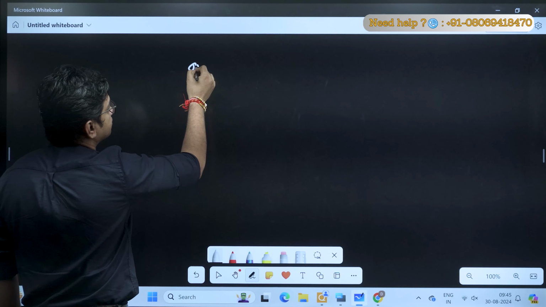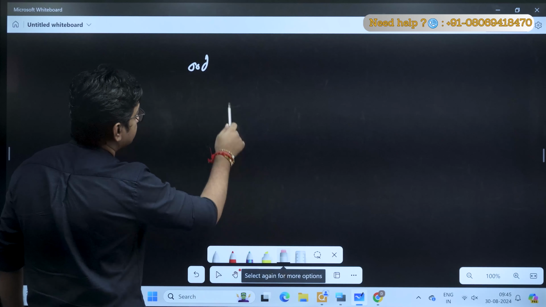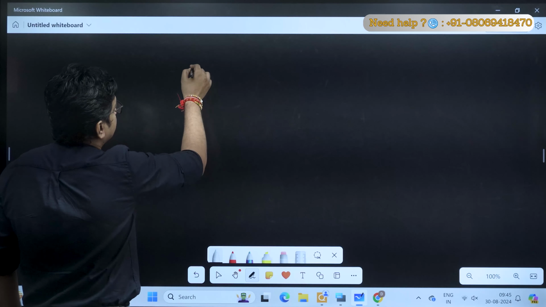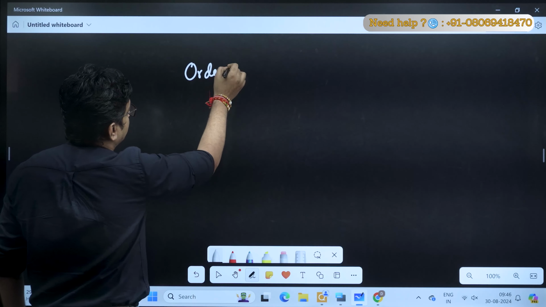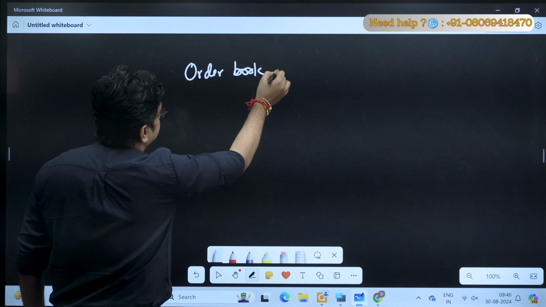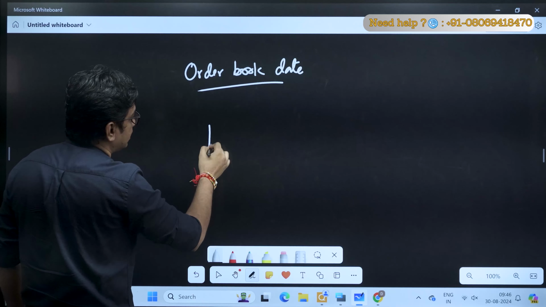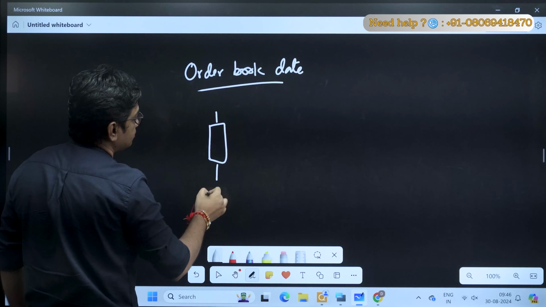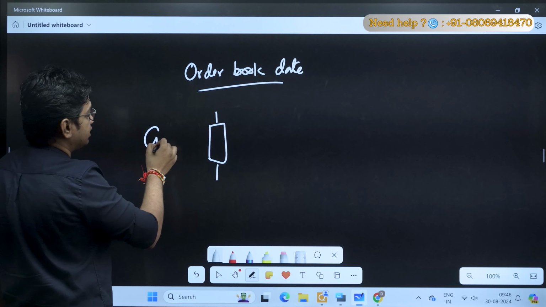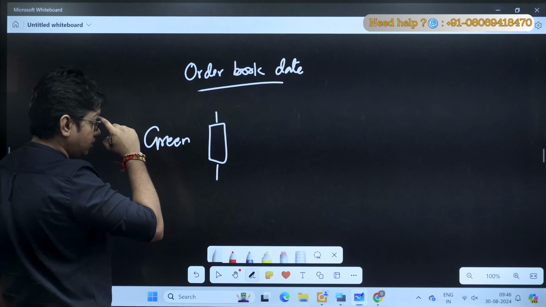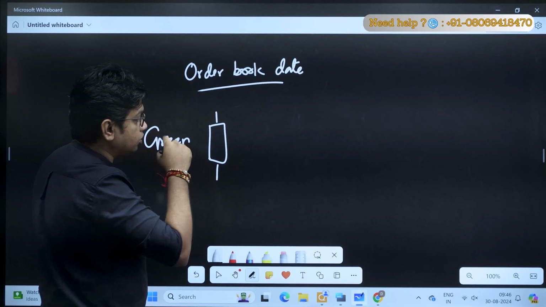Order book data, you will see on a particular candle, whether it is green or red. So let's go with the green.